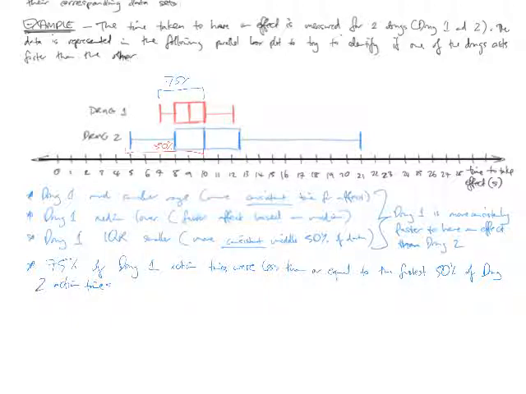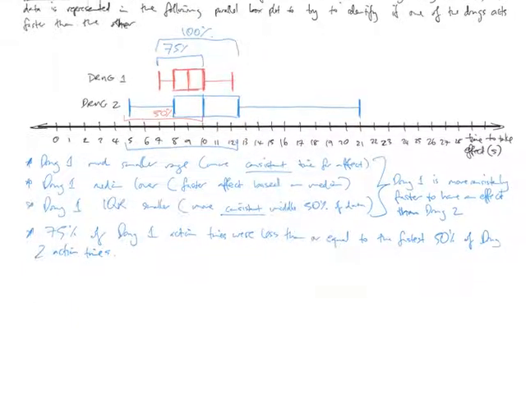In fact, if we take that further, 100% of the data for drug 1 is still less than 75% of the drug 2 data.